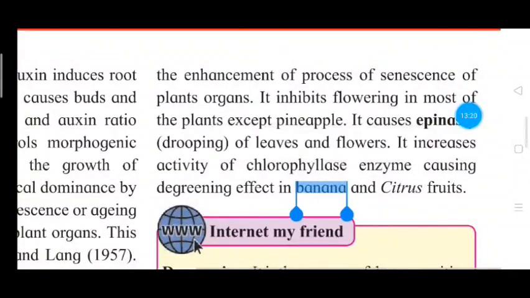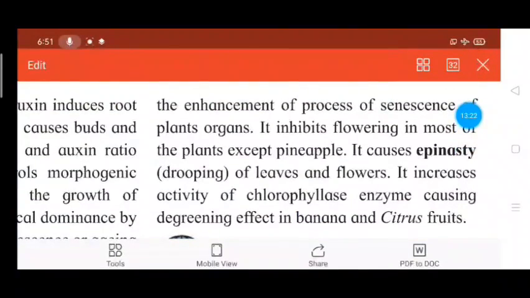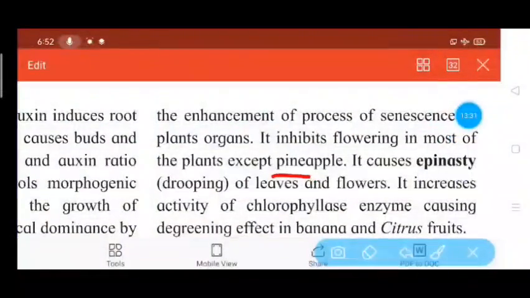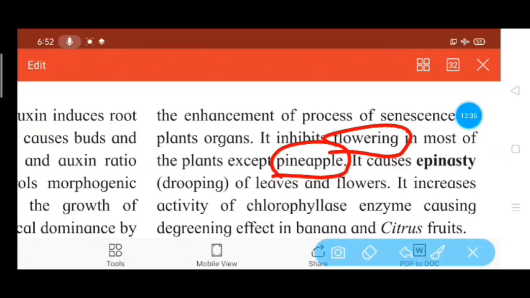This enhances the process of senescence of plant organs. It inhibits the flowering in most of the plants except pineapple. In pineapple plant, it will not inhibit the flowering. It causes epinasty, meaning dropping of leaves and flower, that we have already studied.